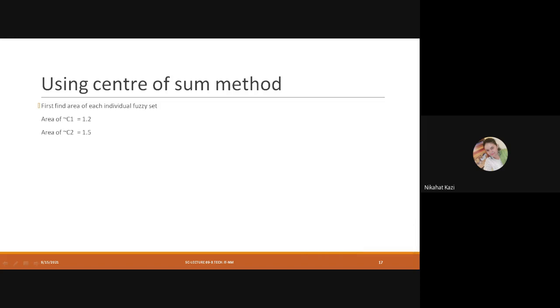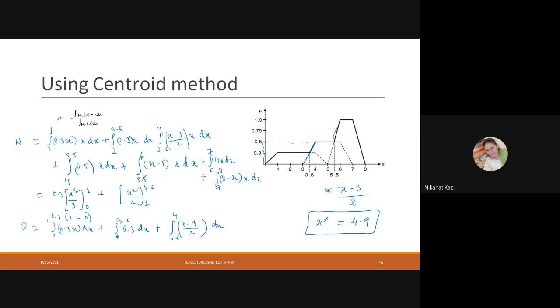Okay. So find the area of C1, find the area of C2, find the area of C3. So those three different fuzzy sets which were there, C1, C2, C3, find the area. Okay, so these are the areas. How did you find their shapes? Which formula you know, na? Trapezoid, and they are trapezoids.